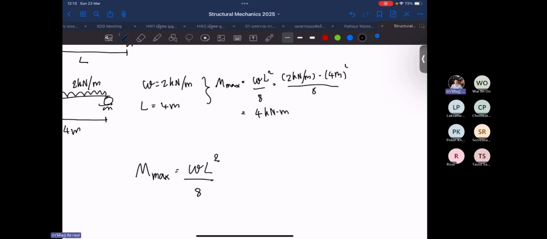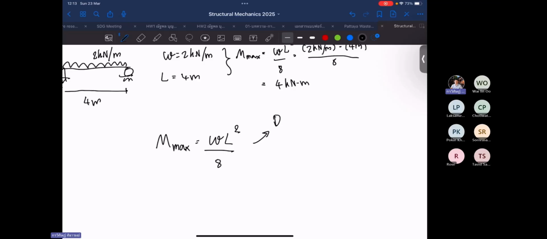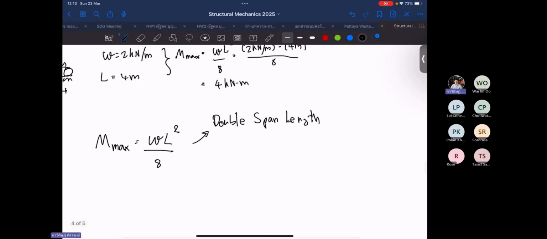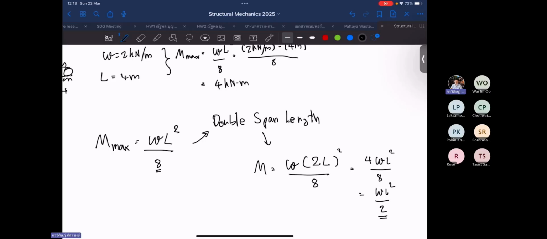You increase it 4 times, because if you double the span length, M equals omega, and you double the span length like this, it will be 4 omega L square divided by 8, so omega L square divided by 2. As you can see, you increase the bending moment by 4 times if you double the span.